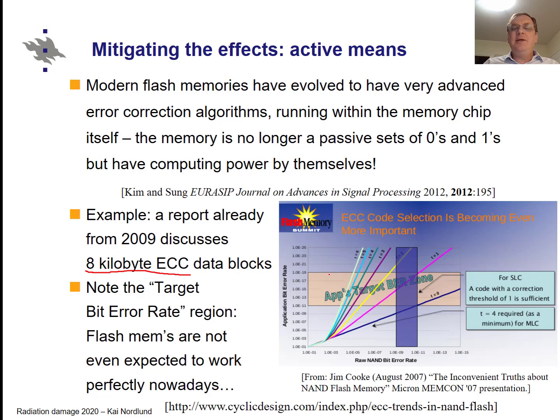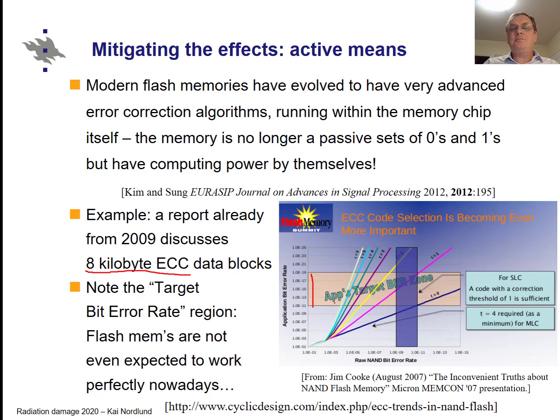So basically what this means is that all flash memories have these error correction codes. The designers know they don't work. There will always be a number of broken bits, and using this error correcting code, one can then tolerate an interval of acceptable error rates, which in this case was something between 10 to the minus 11 and 10 to the minus 19. 10 to the minus 11 may at first sound small, but remember, a regular flash memory now can be tens of gigabytes, so that's hundreds of gigabits.